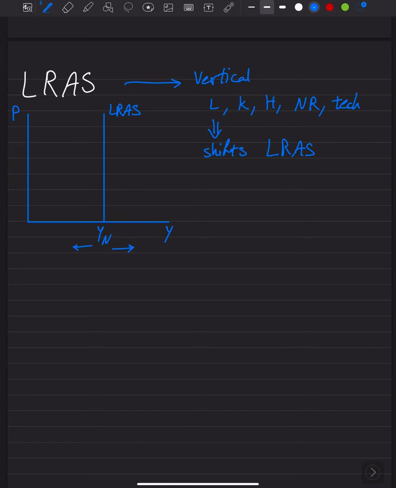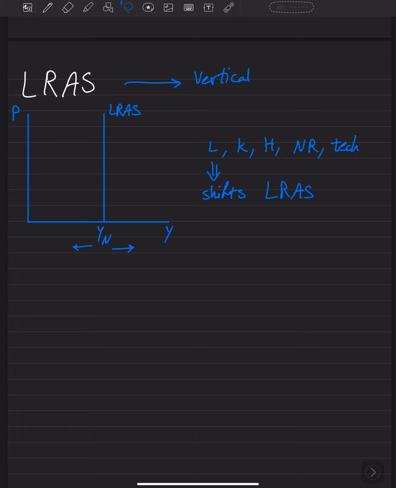Changes in any of these factors are going to result in a shift in the long run aggregate supply. For example, if we have more immigration, that's going to shift the long run aggregate supply to the right. Or if we have better education, improving the productivity of the people, we're going to see the long run aggregate supply shifting to the right.